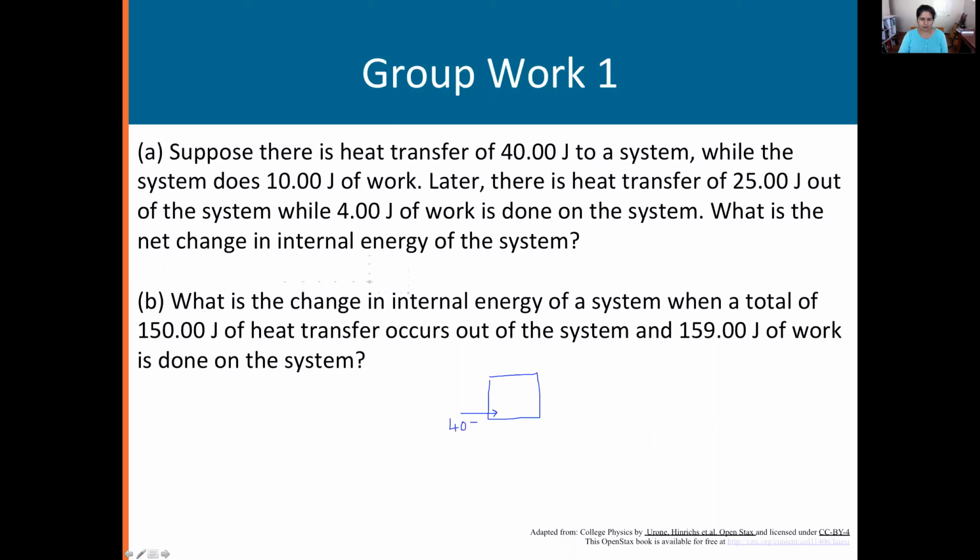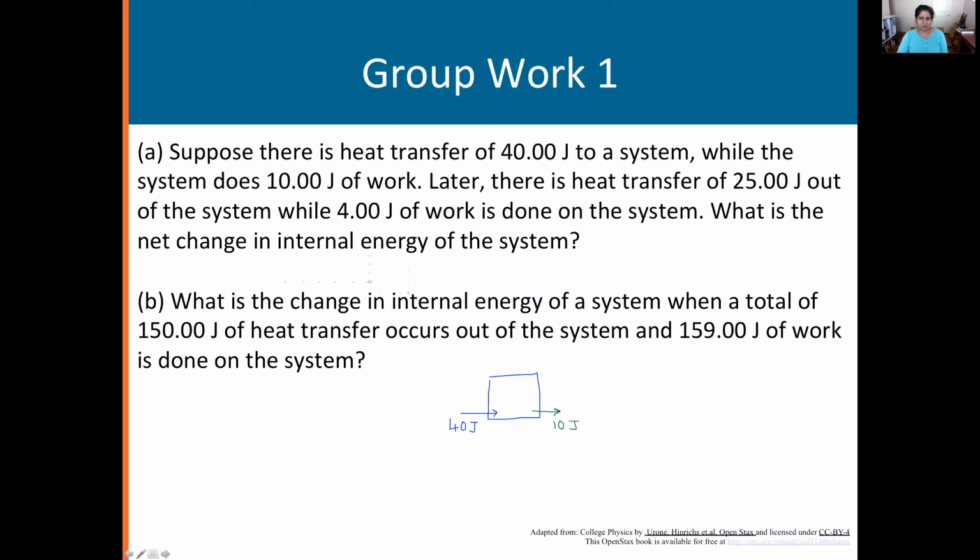Yeah? While the system does 10 joules of work. So the system is doing work. Let me change the color for that to maybe green. So this is energy that's being lost by the system. Work is being done worth 10 joules. Yeah? This energy is leaving the system.